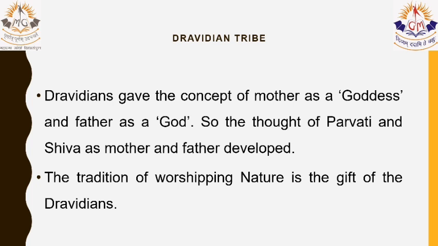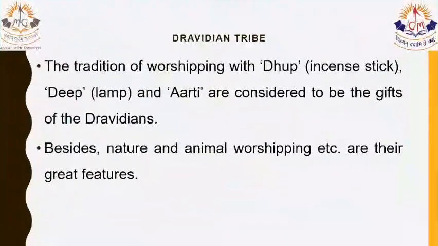So nature itself was worshipped by these Dravidian people, and that concept was accepted as a custom and tradition that continues till date. We worship the banyan tree, etc. So these concepts continue today also.